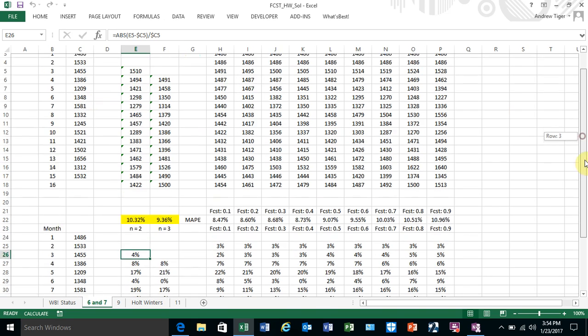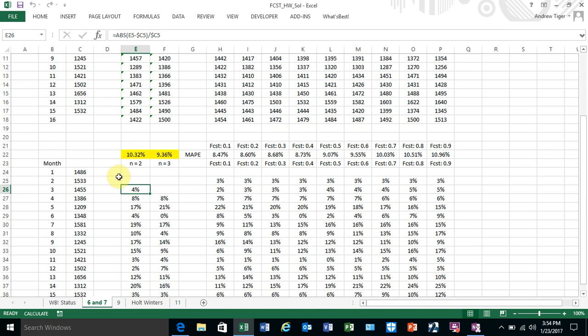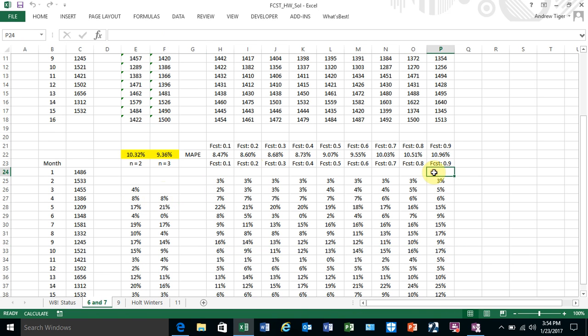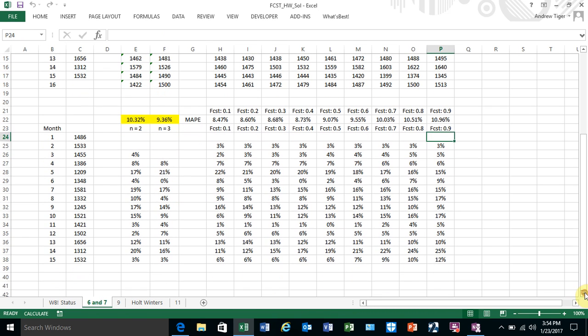So for anywhere I have a forecast and actual, I can get that number. I have a forecast and actual there. I don't there, but I do here. These are for all the exponential smoothing. I didn't use the very first one at all. And I didn't go to time period 16 because we don't have an actual. So these are all the percent errors, the absolute percent errors.